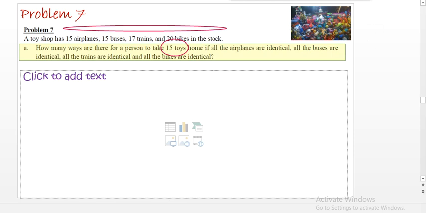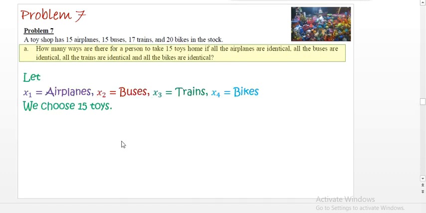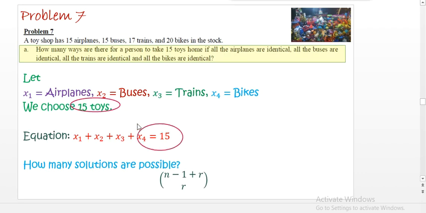So it means we can write down an equation for this problem. Let's call airplanes x1, buses x2, trains x3, bikes x4, and we have to choose a total of 15 toys. So we have the equation airplanes plus buses plus trains plus bikes is equal to 15: x1 plus x2 plus x3 plus x4 is equal to 15.